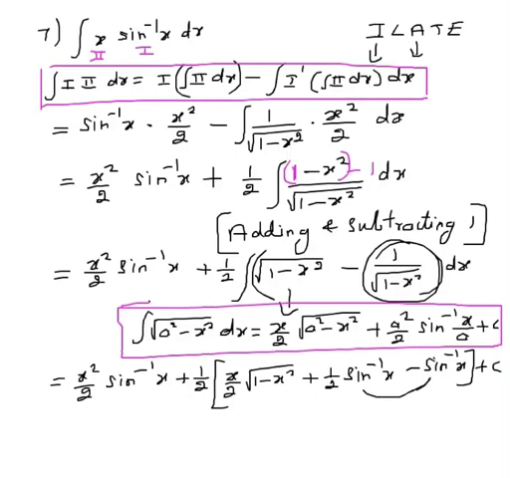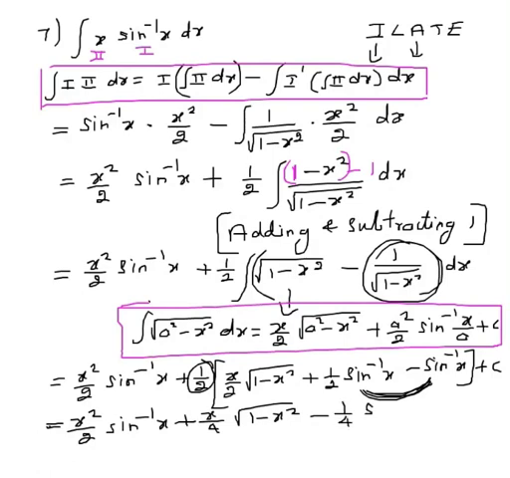These two are like terms. X square divided by 2 sine inverse of x. Let us distribute this half. So x by 4 root of 1 minus x square plus half minus 1 will become minus half, and multiply it with this half, so it becomes minus 1 by 4 sine inverse of x plus c.